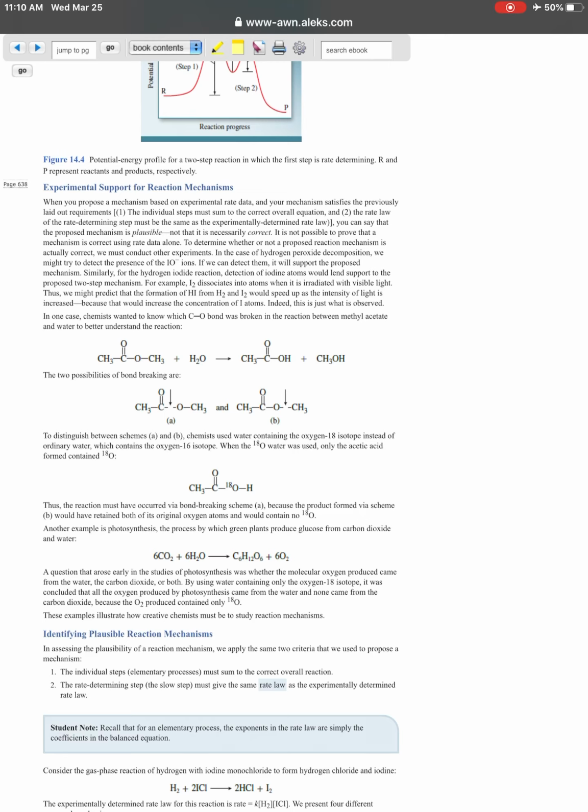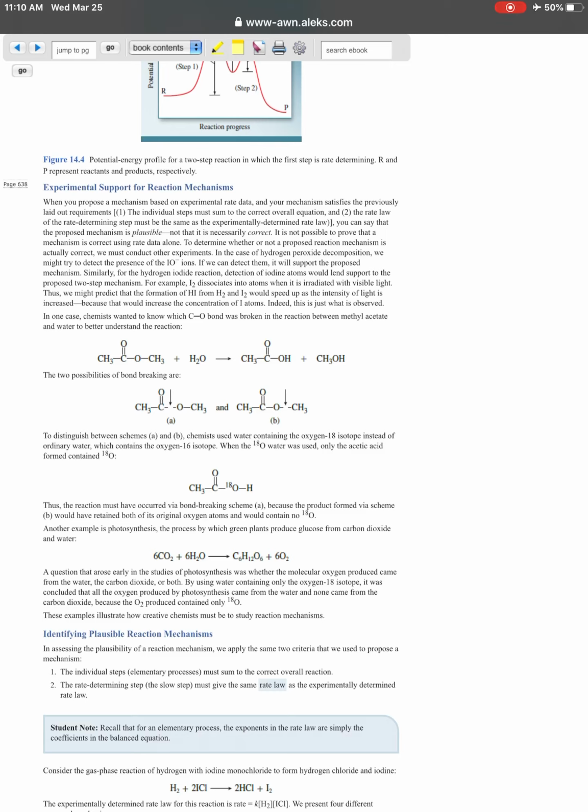In the first possibility, there's a bond breakage between the C and the O on the left, that's A. And then in the second possibility, there's a bond breakage of the O and the C on the right of the molecule.